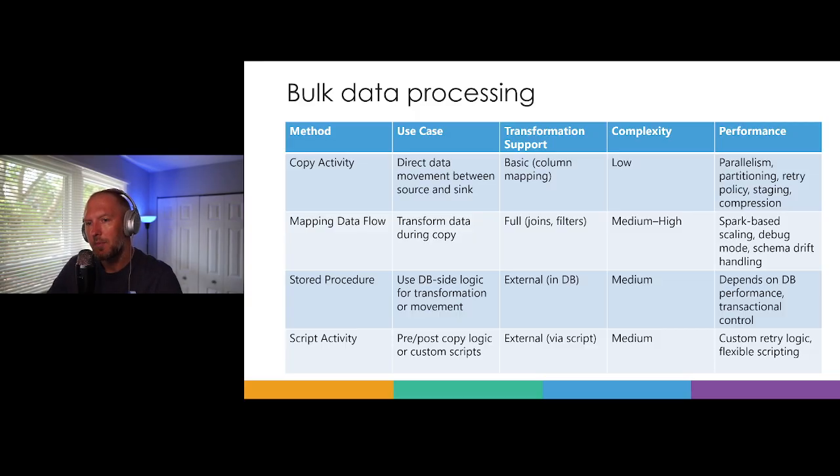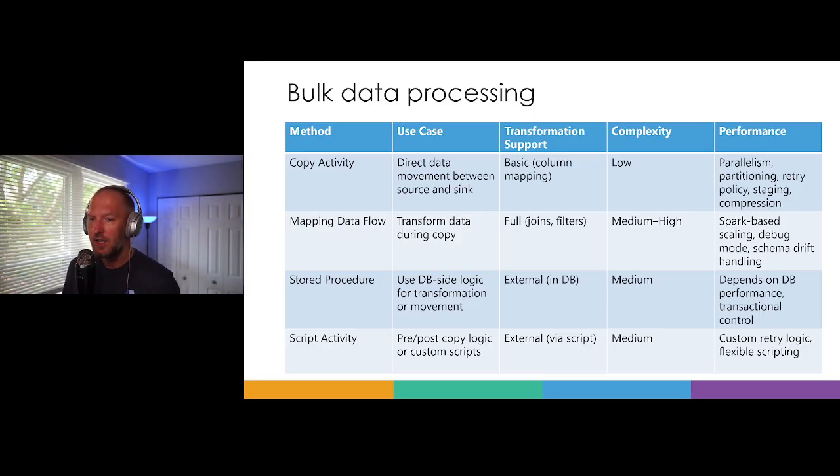Also, we have the mapping data flow. This is a little bit more complex, but you can transform data during the copy. You can, for example, change a column or add an additional column based on some specific calculation and logic. And we have a simple stored procedure activity: a stored procedure that you have in SQL and need to execute, and that's it.